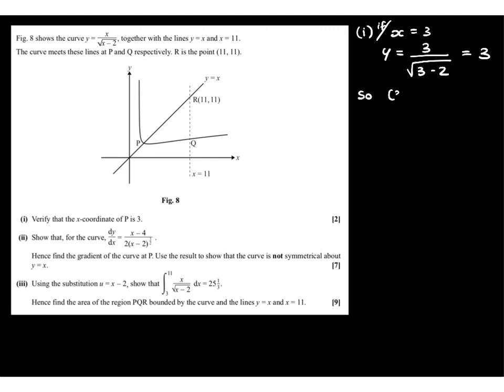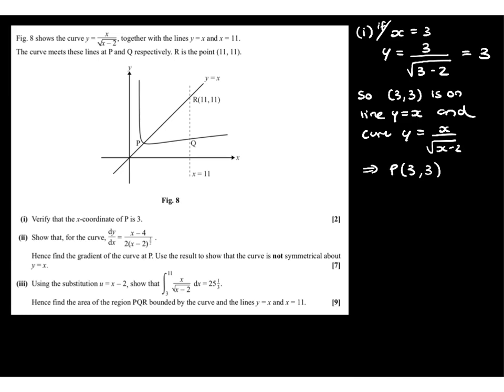So that suggests that (3, 3) is on the line y equals x and the curve y equals x over root x minus 2, which implies that P's coordinates are (3, 3), or P has an x coordinate of 3. We've now got to show that the derivative is given by this result here.